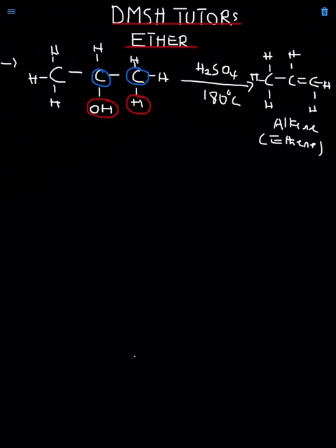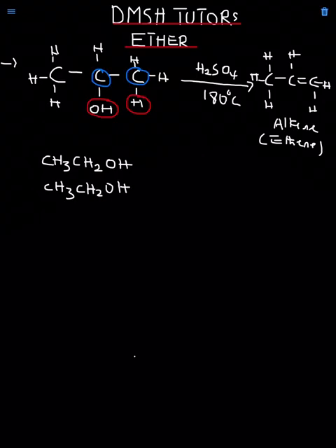Since we have excess alcohol, like 2 molecules of alcohol, and limited reagent, for example, 2 molecules of ethanol reacting with H2SO4 at about 140 degrees Celsius, not up to 180, this will lead to incomplete dehydration of alcohol.